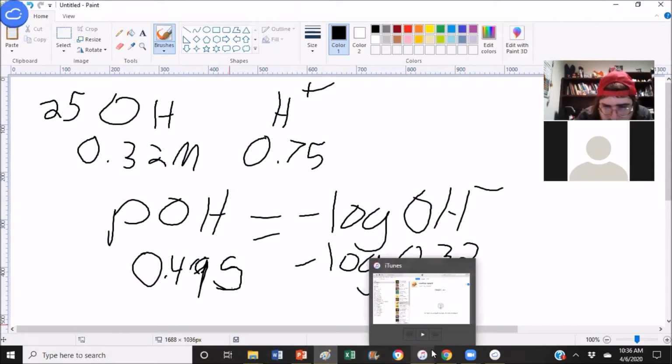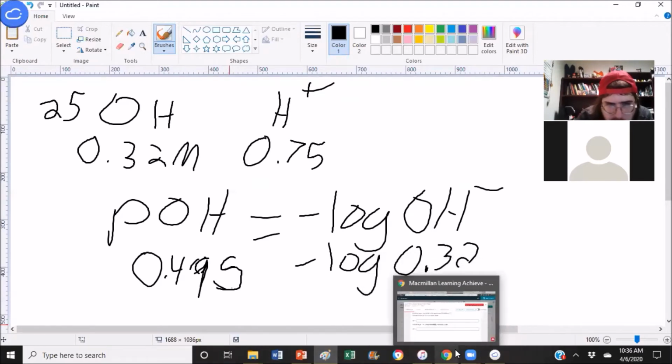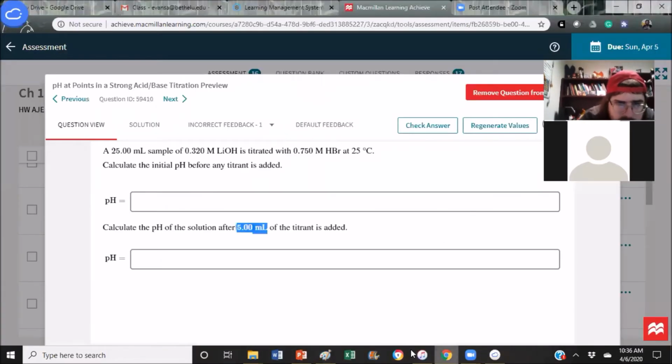Or it might accept 13.51. I don't think it really matters as long as you don't round too unnecessarily. That is an easy one. Don't overthink that.